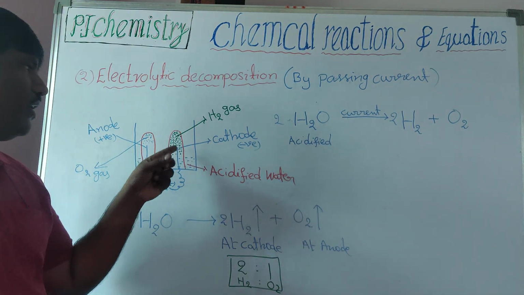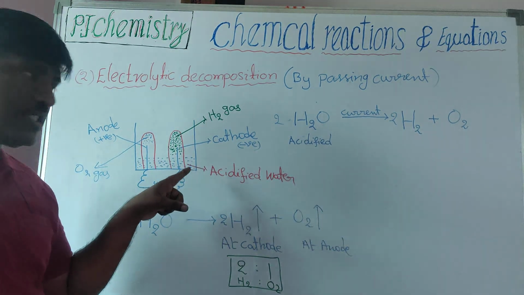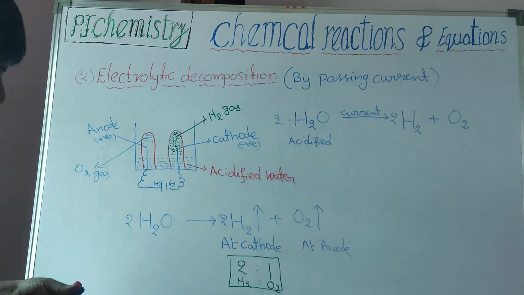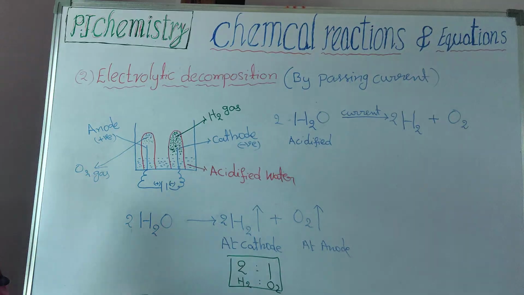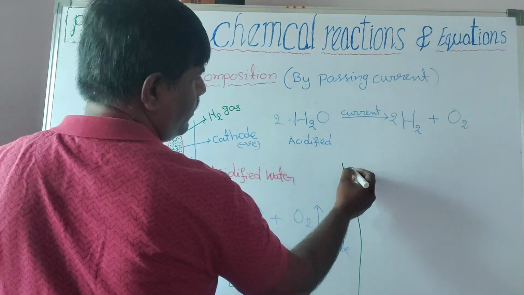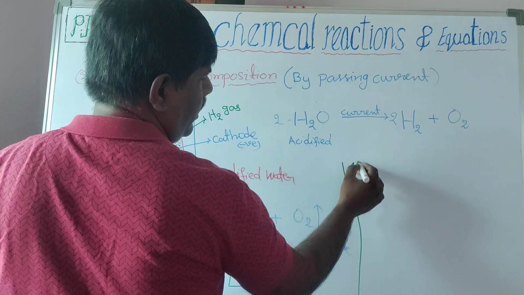So at the cathode a reduction process is going on, and at the anode an oxidation process is going on.